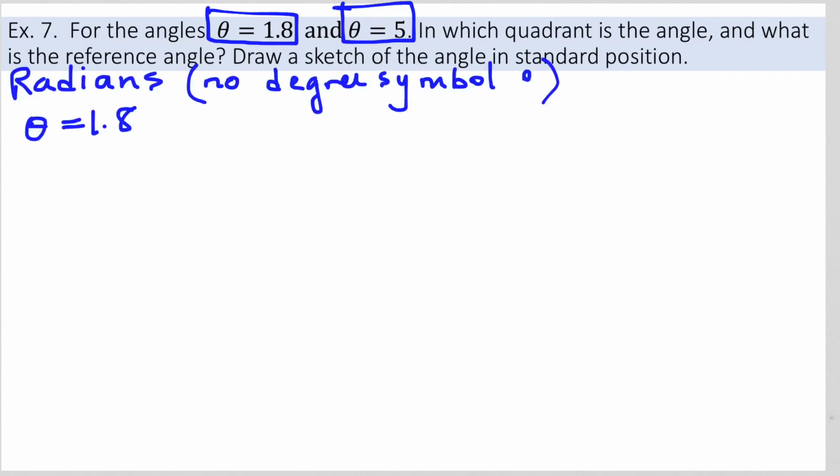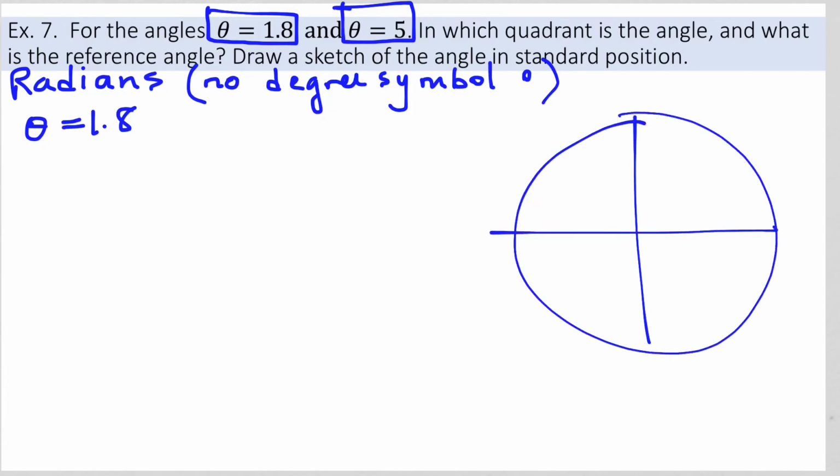So we're working in radians, and I can see that by the way this is given to me without the degree symbol. Okay, so if theta is 1.8 radians, let's look at the way that would look on the unit circle. We know this is 0, pi over 2 radians, pi radians, and this would be 3 pi over 2 radians, and back to 2 pi radians over here.